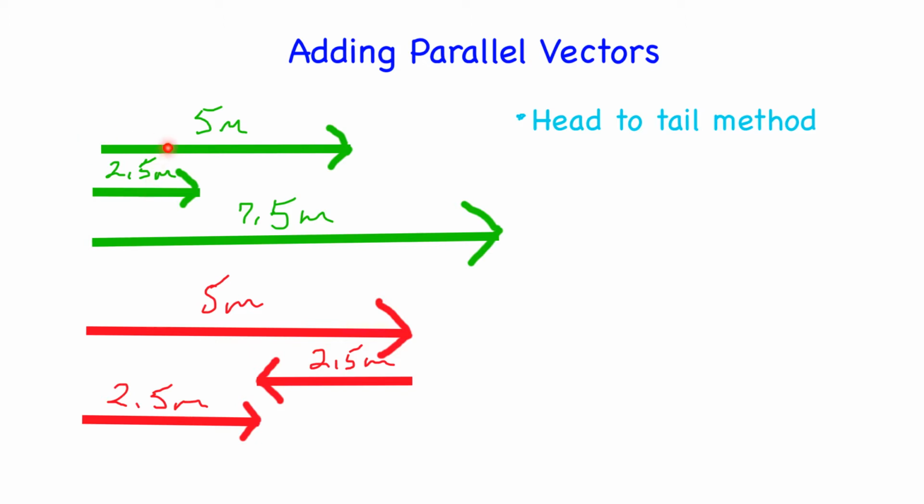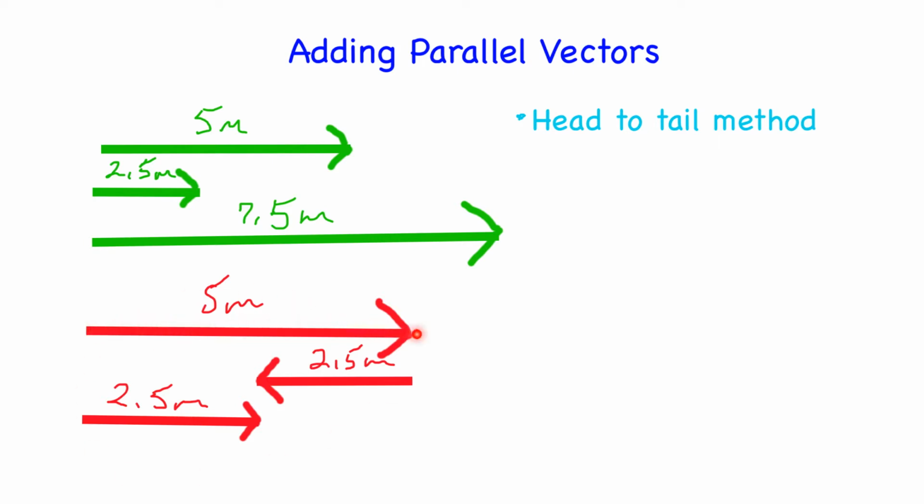And if we want to add these two vectors together, then we will take the tail end of this vector and place it on the head end of this vector. And if you do that, we get this component vector down here that's got both of them in it. So we have the 5-meter vector and we have the 2.5 meter vector added together to give us a 7.5 meter vector.